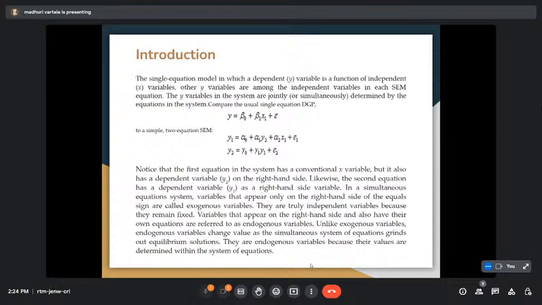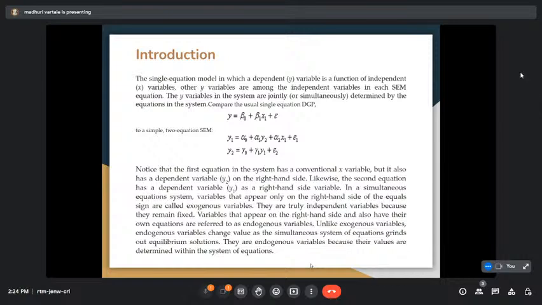That is y equals beta 0 plus beta 1 x1 plus the error term. Notice that the first equation has the conventional x variable, but it also has a dependent variable y2 on the right hand side.